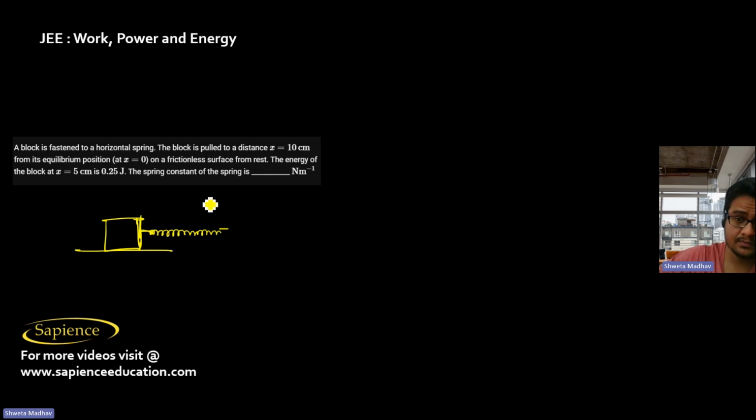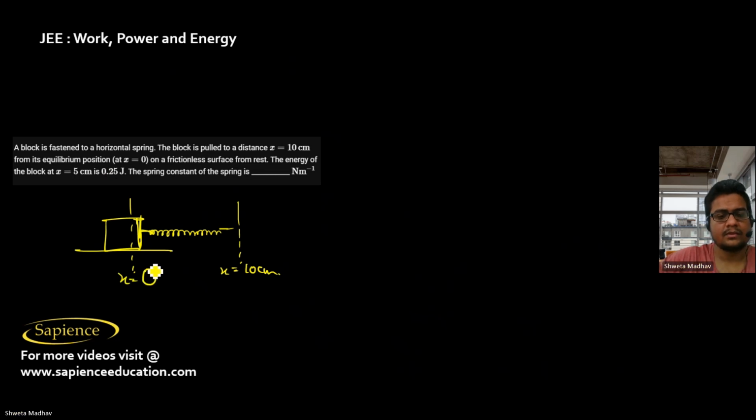The block is pulled to a distance x equal to 10 centimeter from its equilibrium position at x equal to 0 on a frictionless surface from rest.